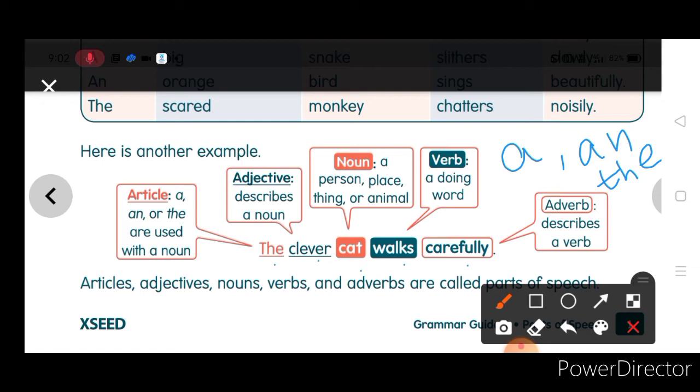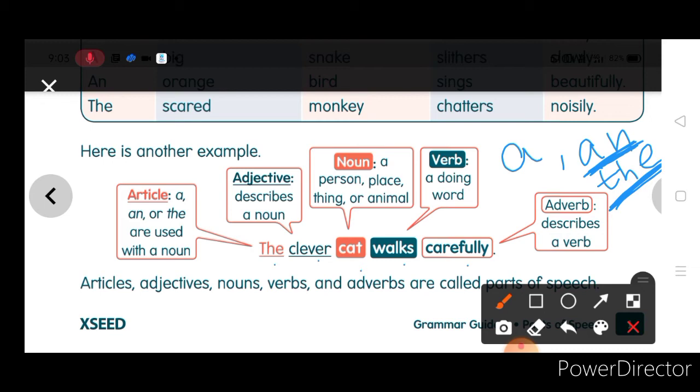We use the article a for words which begin with a consonant sound, and an is used before words which begin with a vowel sound. The is used to say something specifically, if it is only one. In such cases we will use the.